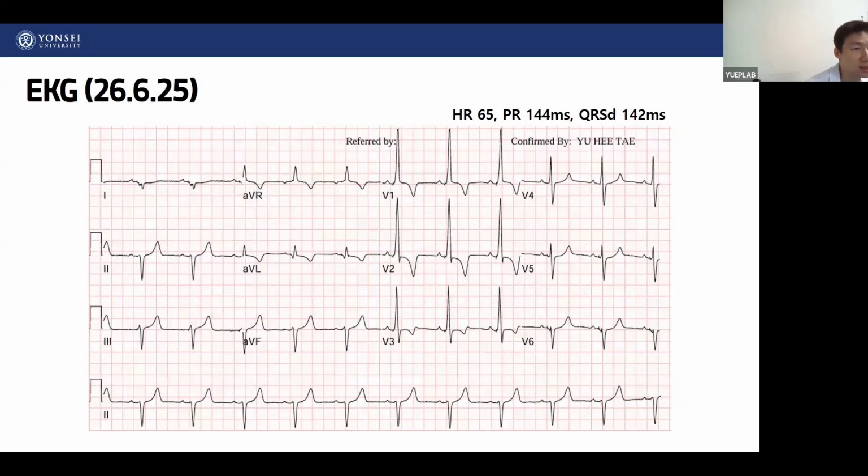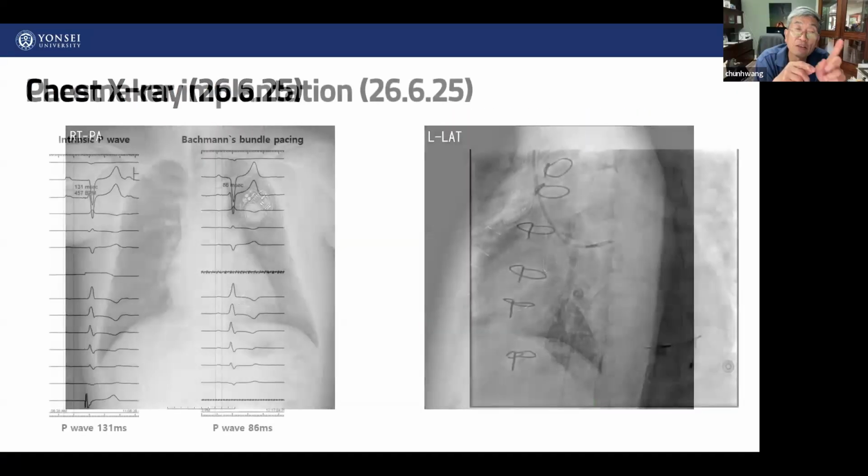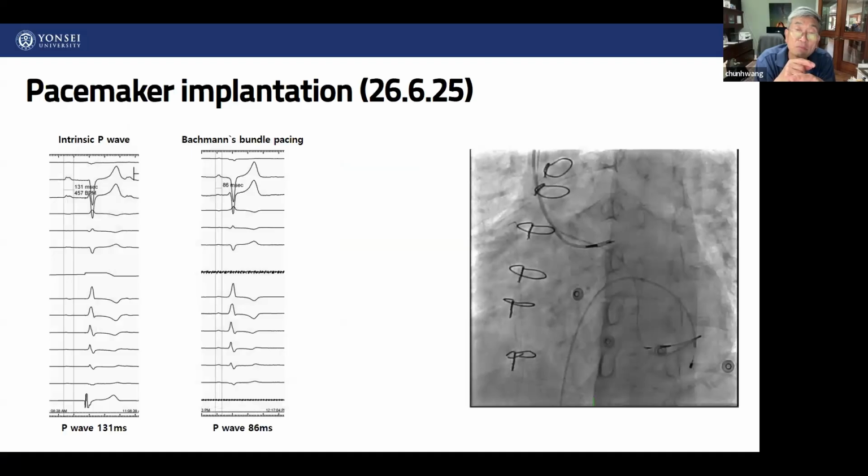So this is the ECG after the implantation. But the patient did not have a baffle from the SVC to the mitral valve. So my question is, how did you get into the Bachmann bundle from the SVC?